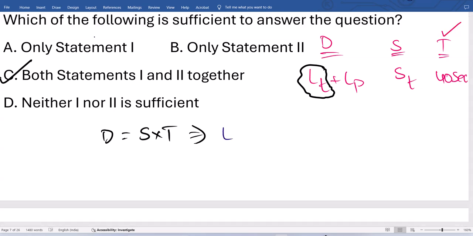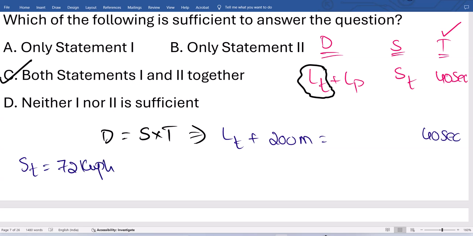Length of the train plus platform length is how much? 200 meters. Timing 40 seconds. Speed of the train 72 kilometer per hour. Listen, distance is in meters, timing is in seconds, so speed must be in meters per second.